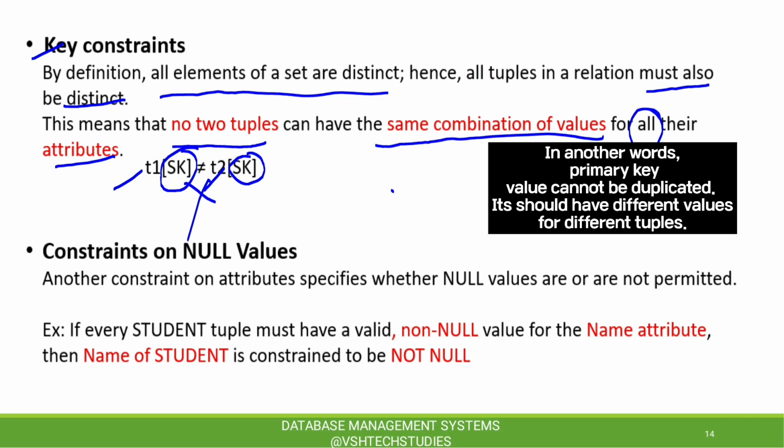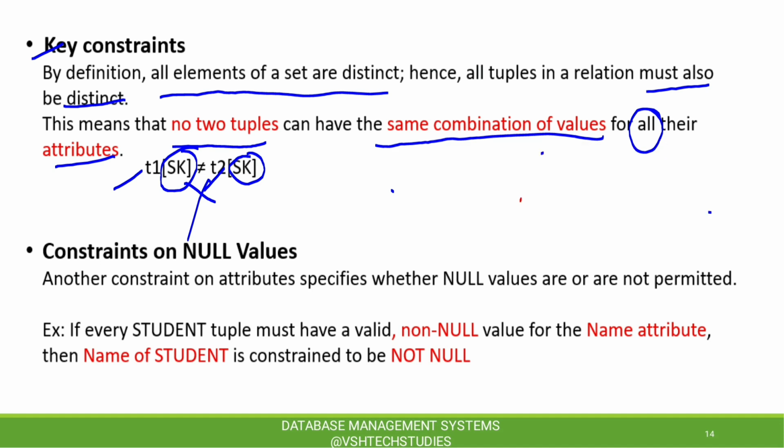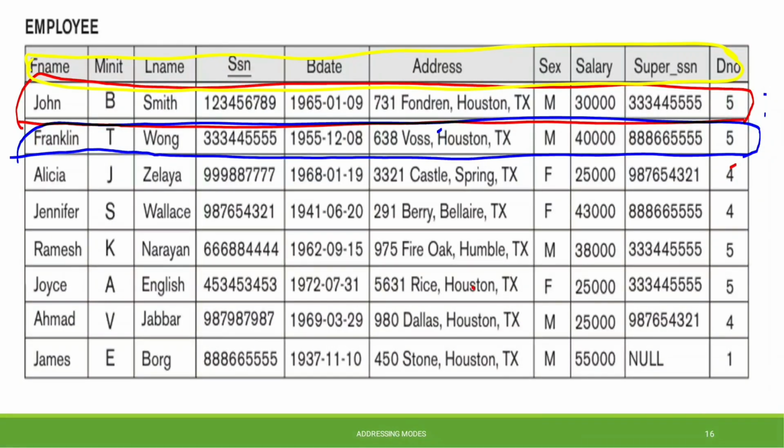So in simple words, no two duplicate tuples can exist and tuples are said to be duplicate when all the attribute values are the same for both the tuples. Any one has to be different. The meaning is, for example, consider the employee relation.